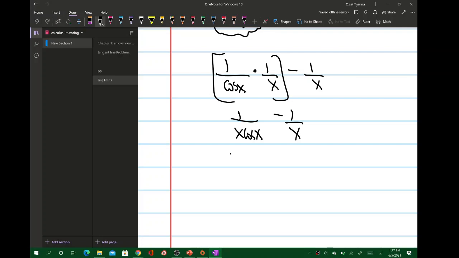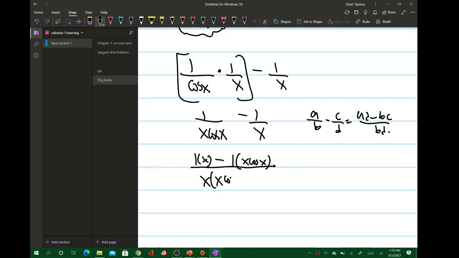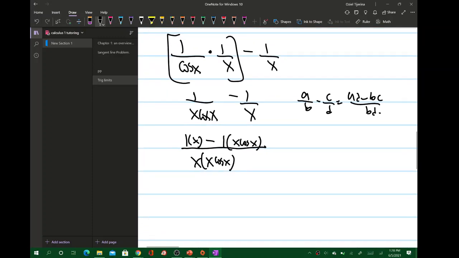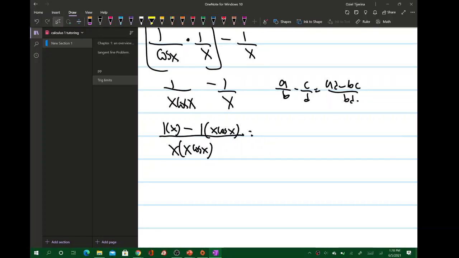Remember, a over b minus c over d equals ad minus bc over bd. So we're going to do that here. You have 1 times x minus 1 times x cosine x over x times x cosine x. This is going to be x minus x cosine x over x squared cosine x.